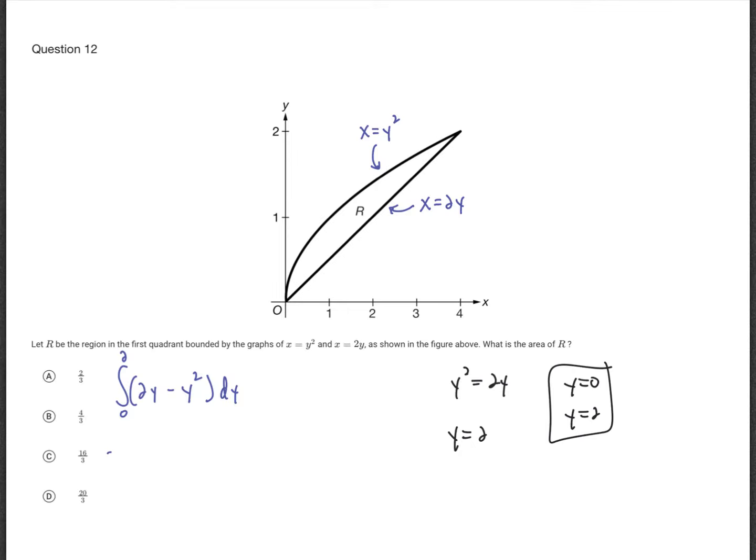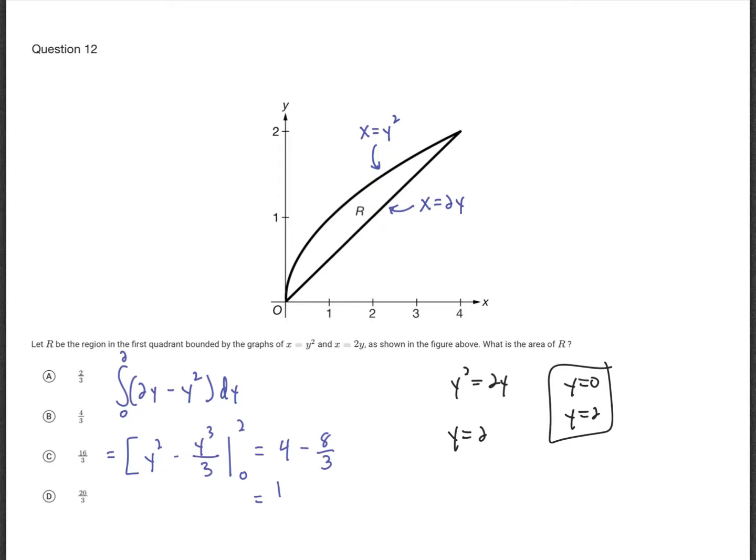Okay. So now we'll take antiderivatives. Antiderivative of 2y is y squared, and antiderivative of y squared is y cubed over 3. Okay, plug in 2, you get 4 minus 8 thirds. If you plug in 0, you get 0, so we'll forget about that.